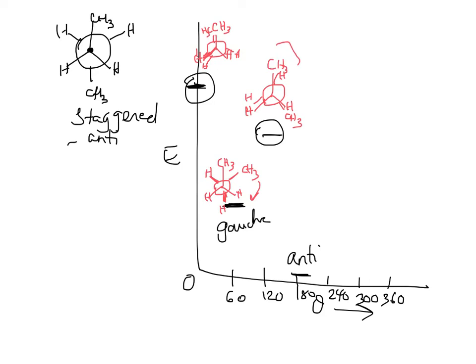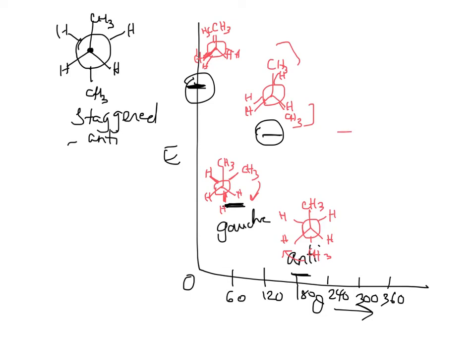So this is the two CH3-H interactions that I have been talking about. And of course, my anti will have the two CH3s, is the anti. The 240 is one more rotation. So hopefully you can see that will be eclipsing.